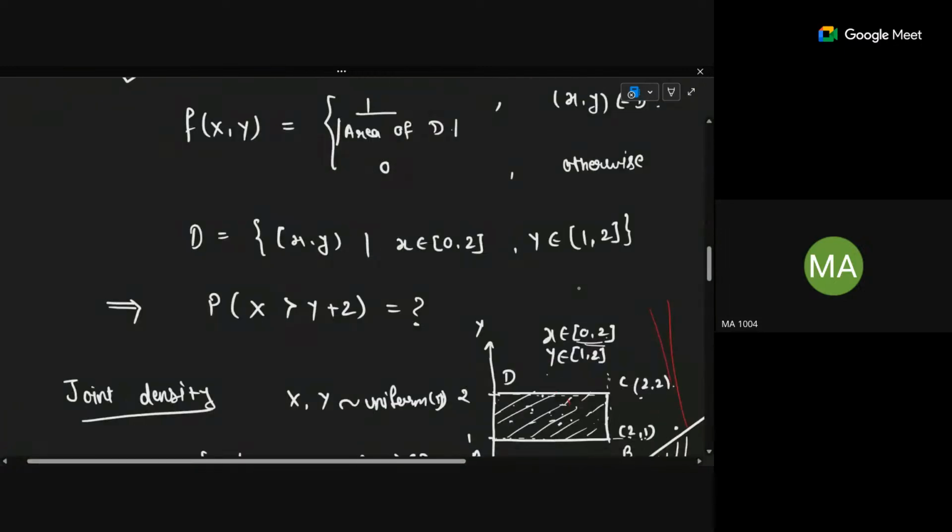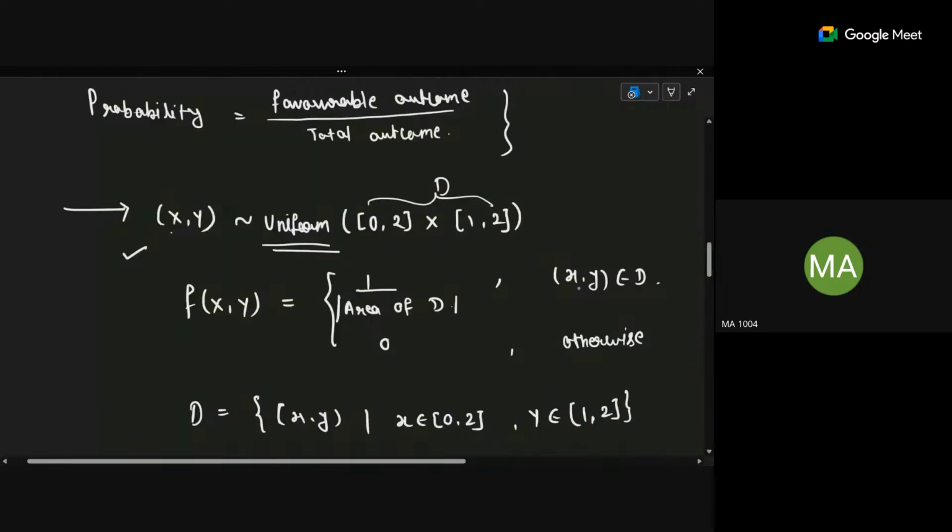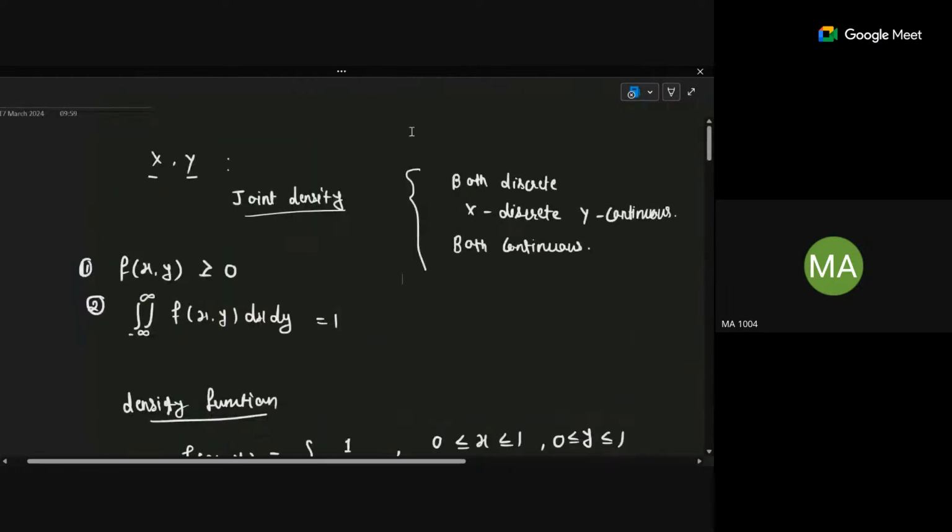So that's why I always focus on this: if the joint density is given to you, first your task is to check what kind of distribution x is and what kind y is. By kind, I mean just check whether it is discrete or continuous. When we talk about joint density, there are 3 formats. If both are discrete, then follow what we studied in week 2, week 3, or maybe around week 1.